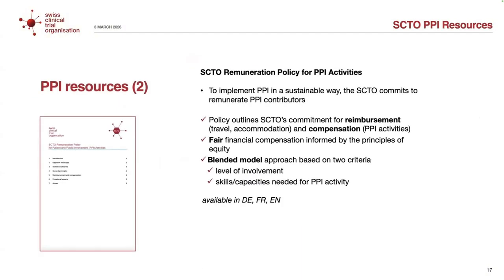And the other resources we have are SCTO remuneration policies, so that there is a fair financial compensation. This remuneration policy and guidelines or recommendations are based on a blended model approach based on two criteria: the level of involvement of your contributor, of course, and the skills capacity needed for your activity.